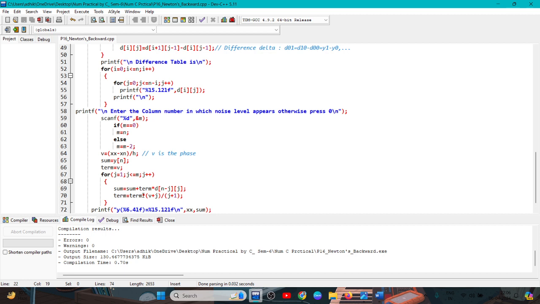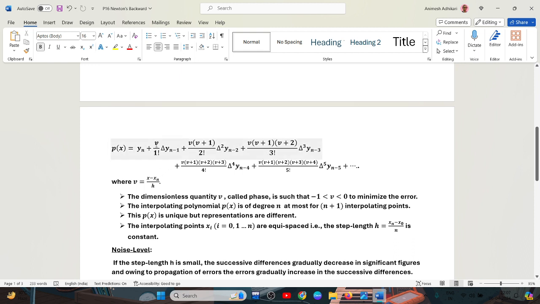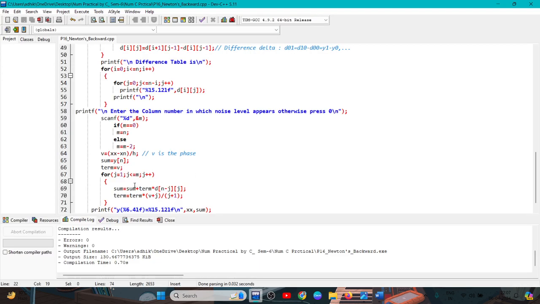For j equal to 2, the new sum equals the previous sum, that is yn plus v by factorial 1 into delta y8, plus the term v into (v plus 1) by factorial 2 and d[n minus j][j], that is 9 minus 2, 7, delta 2 y7.